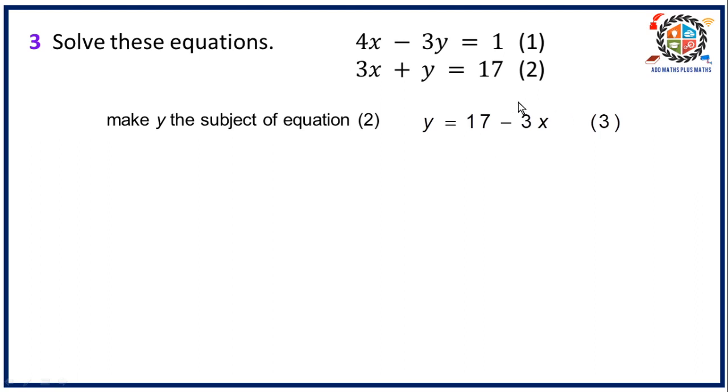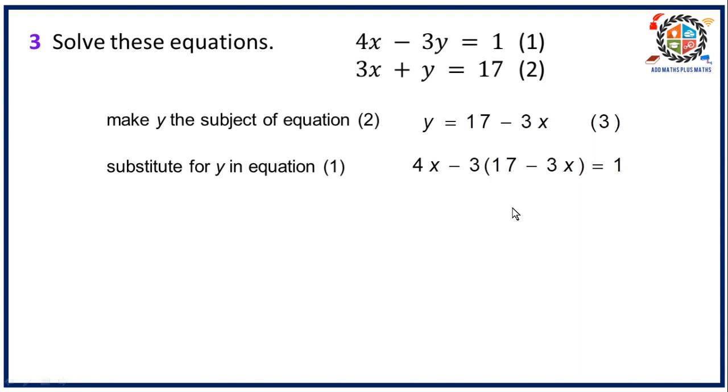If you know that the value of y is 17 minus 3x, I can change this y with 17 minus 3x in the first equation, because I already worked out the second equation. So substitute for y in equation number 1, and you'll come up with 4x minus 3 times the quantity of 17 minus 3x.